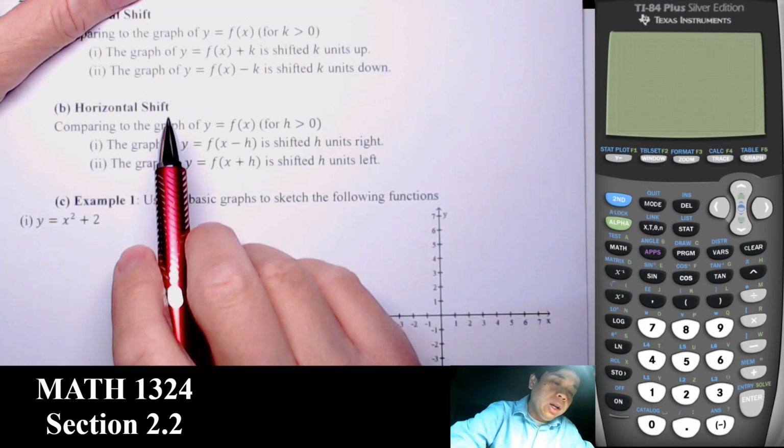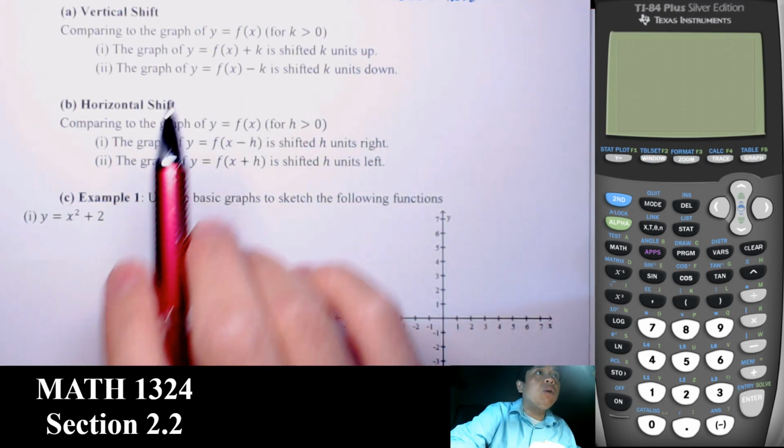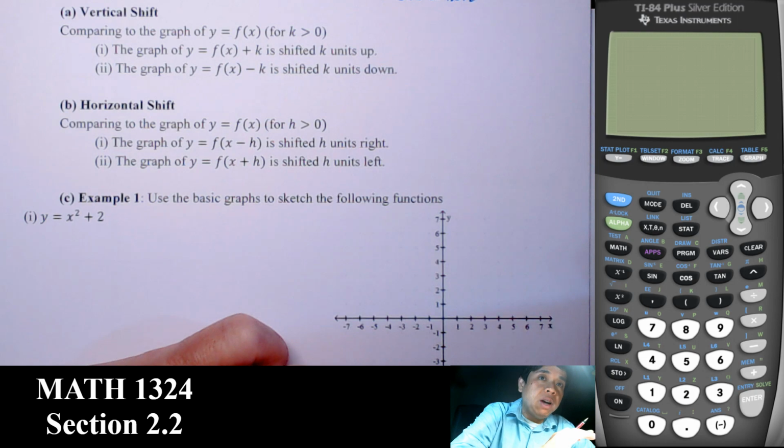In general, if it is outside, it will affect the graph vertically. If it is inside, it will affect the graph horizontally. So let me write that out.